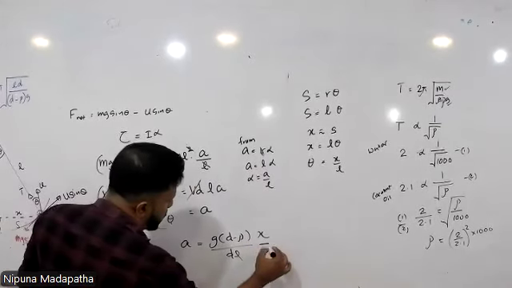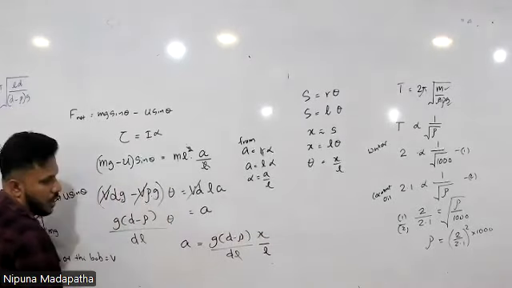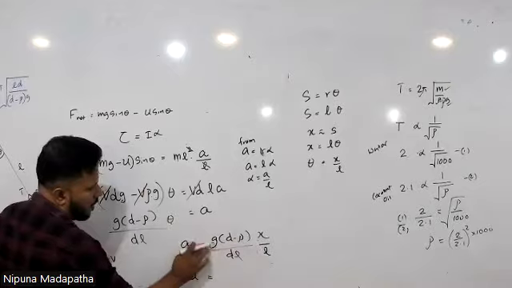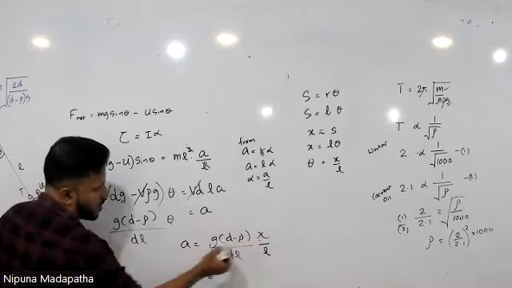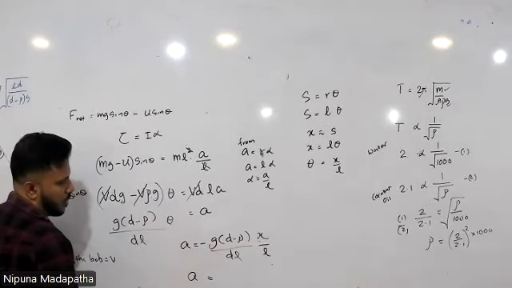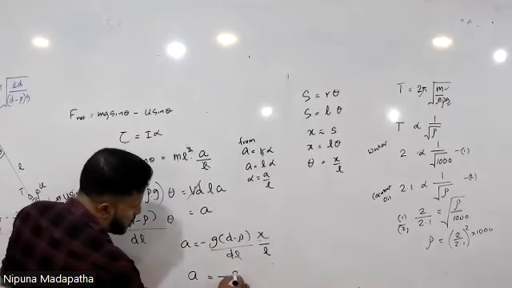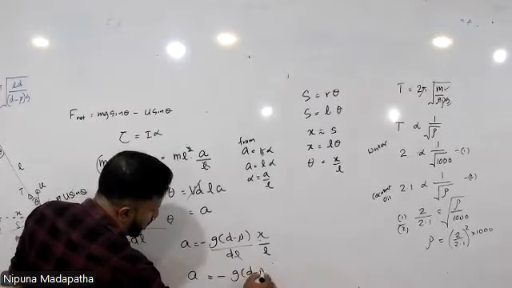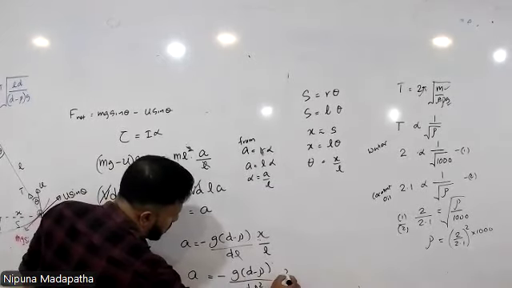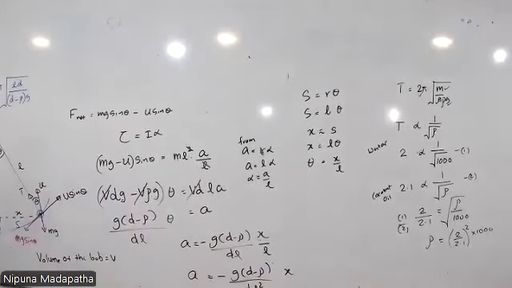Let's see. I got x over L. So A equals make x of insert x of the displacement negative one negative. So A equals minus G D minus rho into make up L square make up L. Come here check.